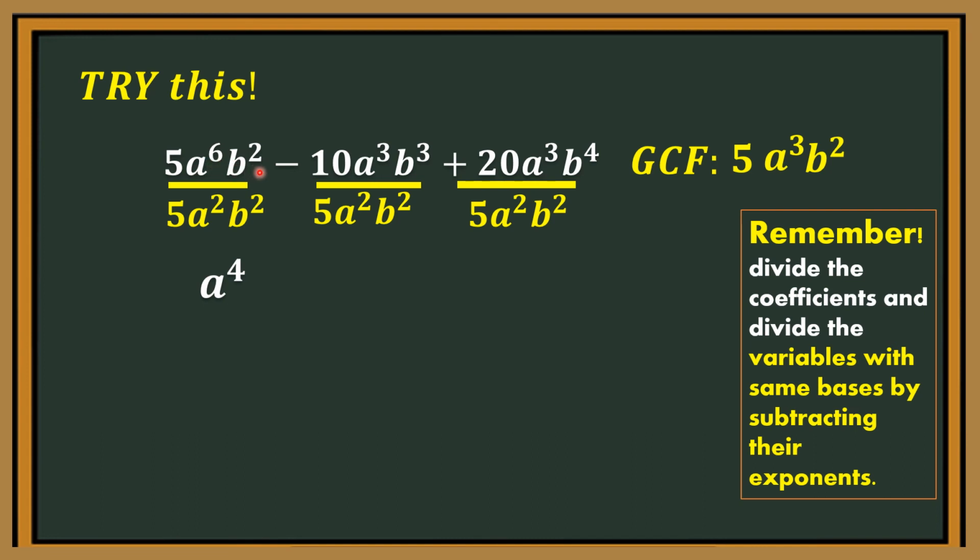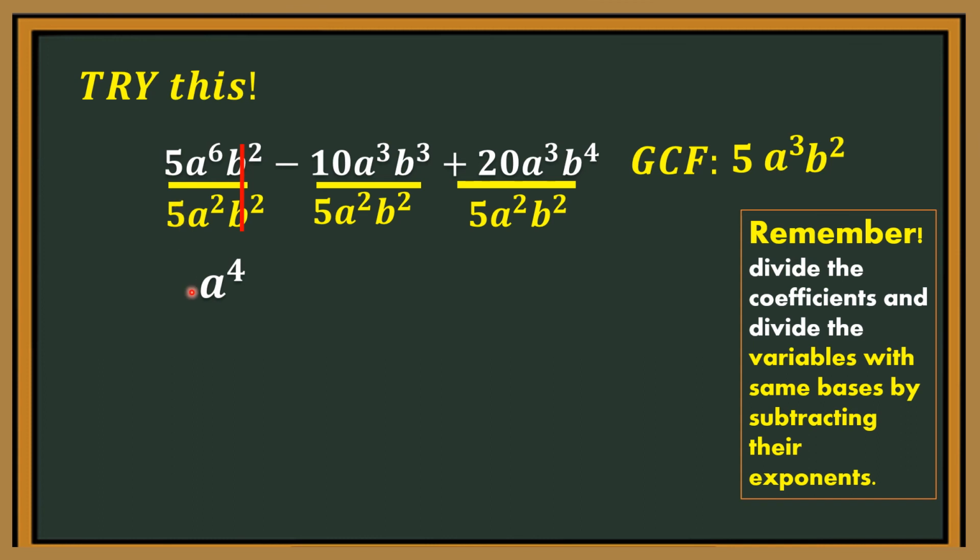And then b squared divided by b squared, same variable. Subtract the exponent. 2 minus 2 is 0. Always remember, if we have zero exponent, what is the answer? 1. So in this term, the answer is only a raised to the fourth power because 5 divided by 5 is 1.